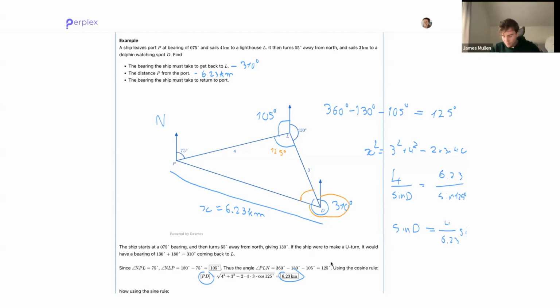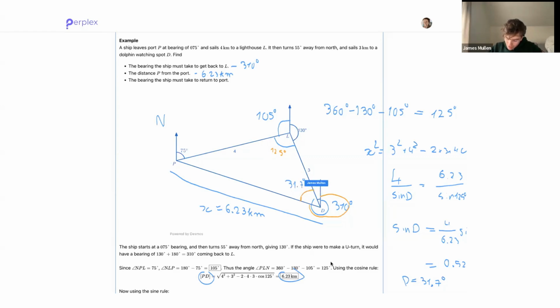And if I calculate that, 125 sine times 4 divided by 6.23, that gives me 0.526. I do the inverse sine of that, and I get 31.7, so d is equal to 31.7. Notice that there is no obtuse angle here. I can't have 180 minus that, because that would be too big since I have 125 here. So the angle here is 31.7 degrees.